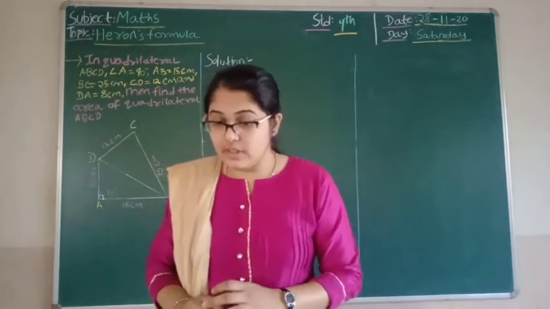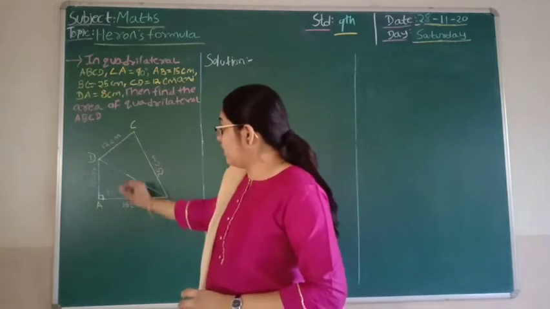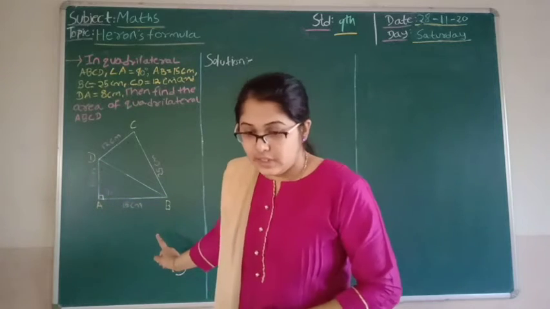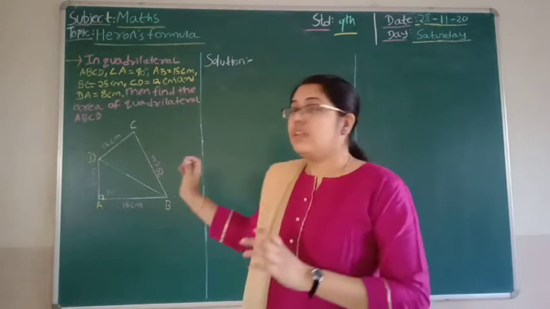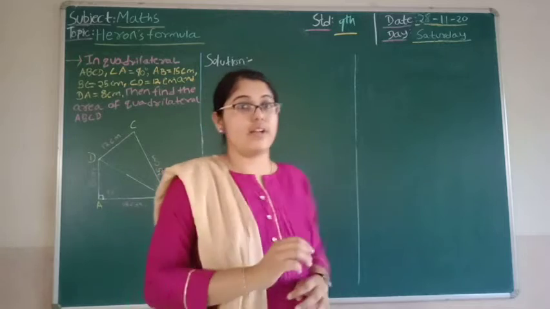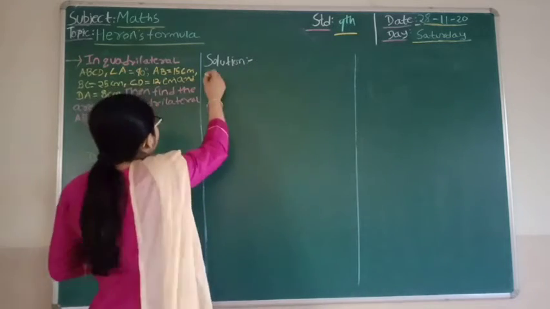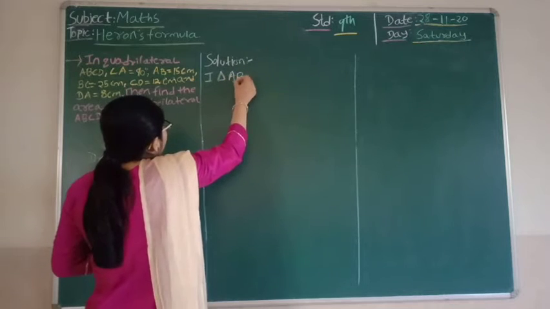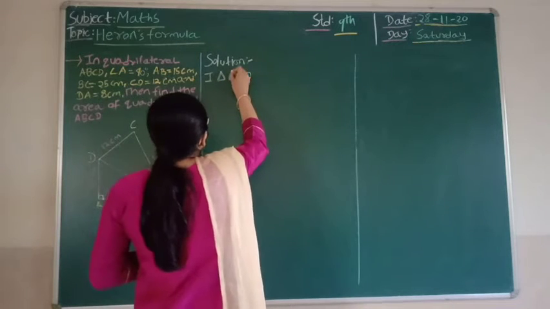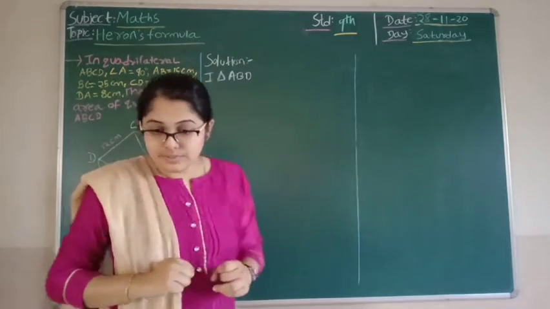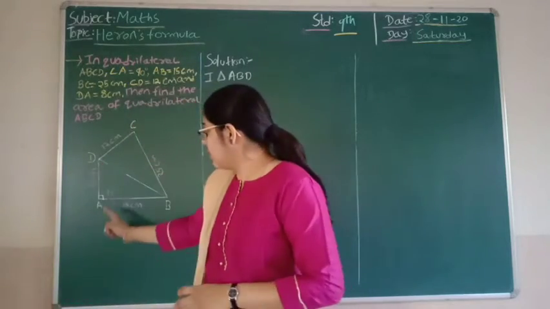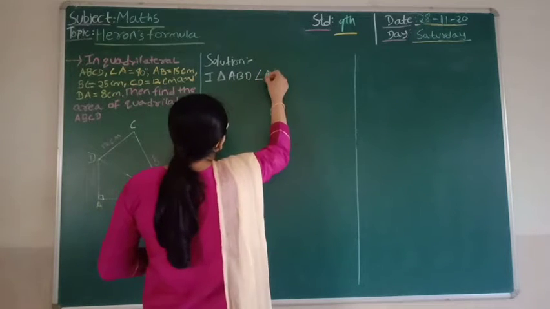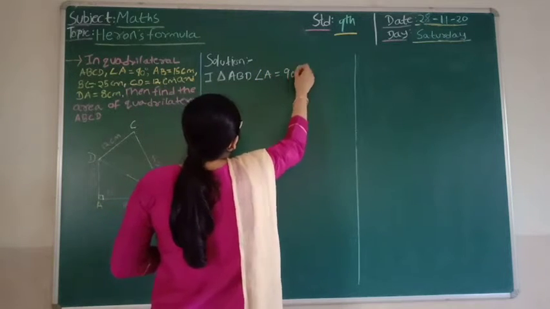As we are finding about ABCD, the right angle triangle is ABD, and we need to find the area of this right angle triangle. So you can write, in triangle ABD, angle A is 90 degrees.